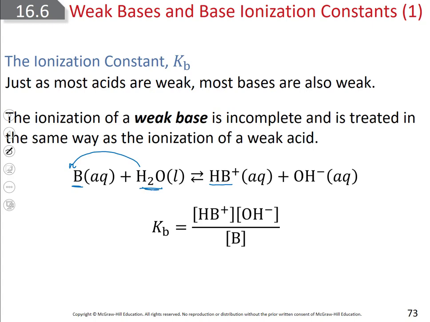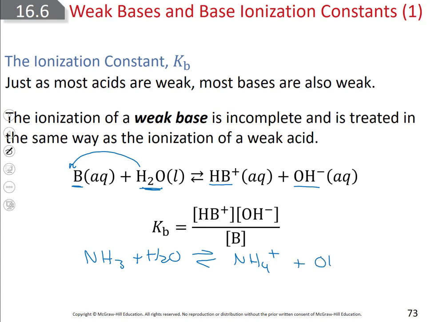While water, once it loses one of its hydrogens, you're left with hydroxide, OH minus. So that's the general format of any of these. If your base is, for example, ammonia, NH3 plus H2O would be at equilibrium with, add another hydrogen to ammonia, and you get NH4 with a positive charge, and then water becomes hydroxide.